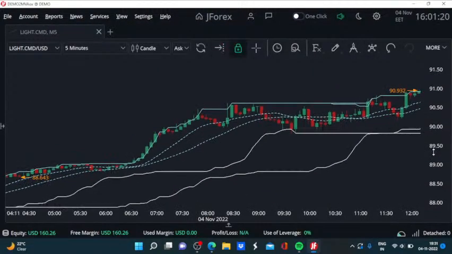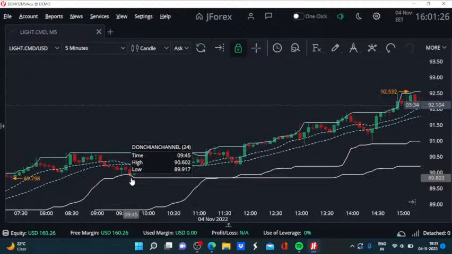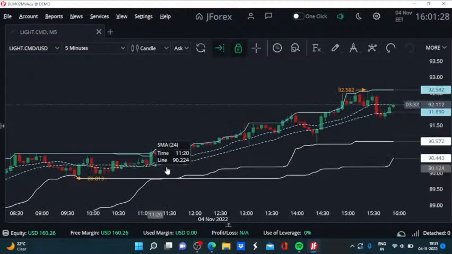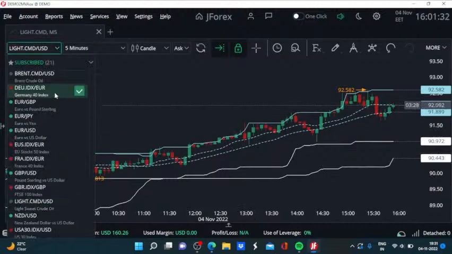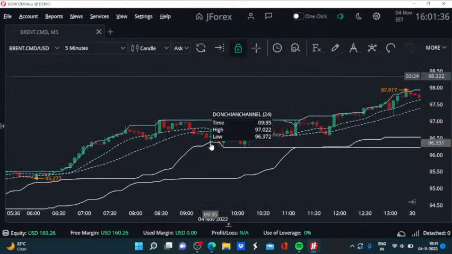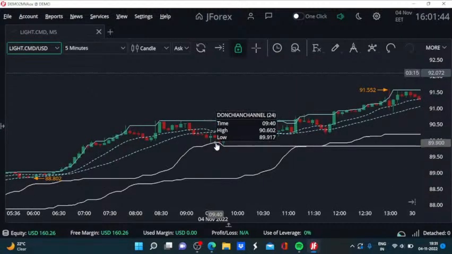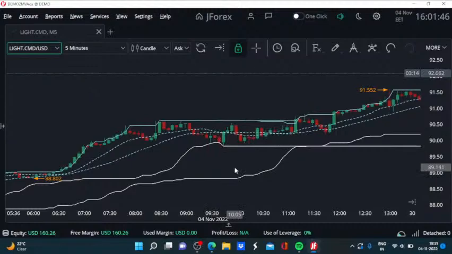Okay, so here we have it. Now the light crude had made a 2 hourly low at 9:45 GMT. After that, it's been the journey of higher highs and higher lows. And let's see what's the story for Brent. Brent made a 2 hourly low at 9:35 GMT, whereas for light crude it was at 9:45 GMT.